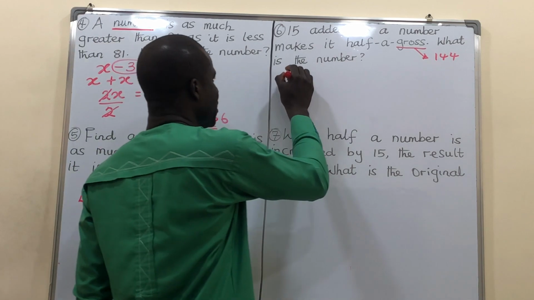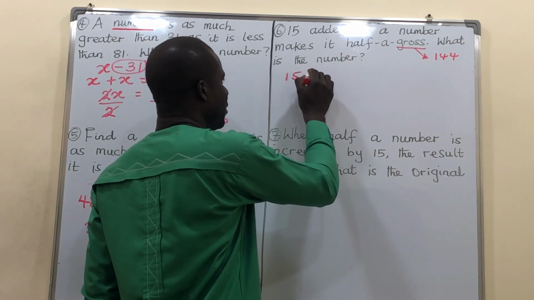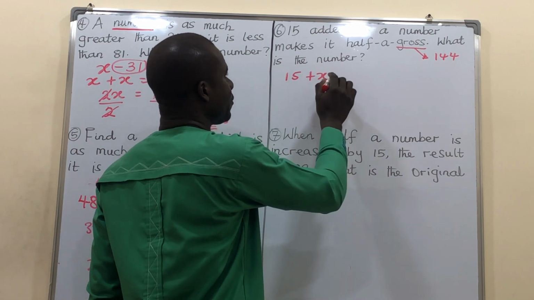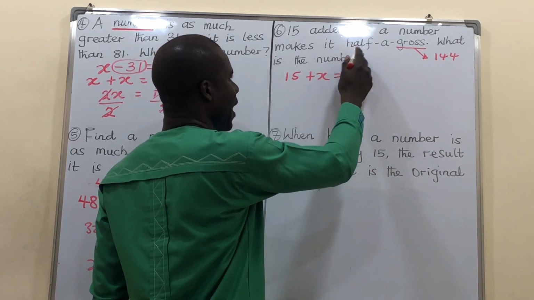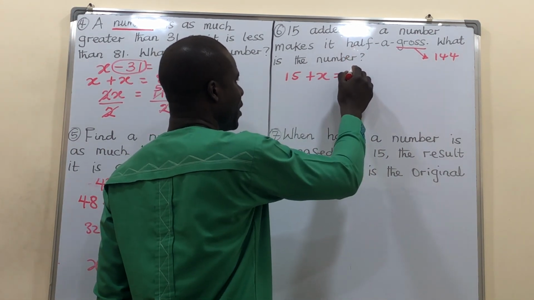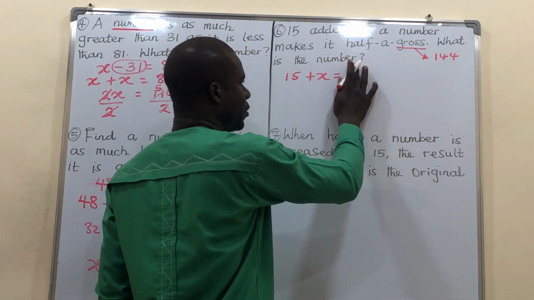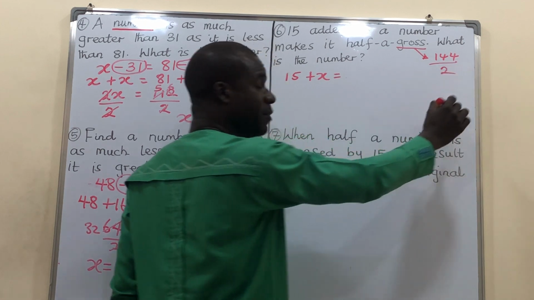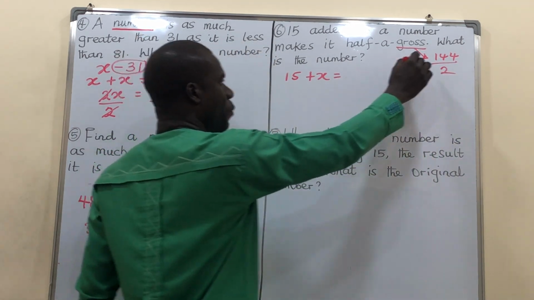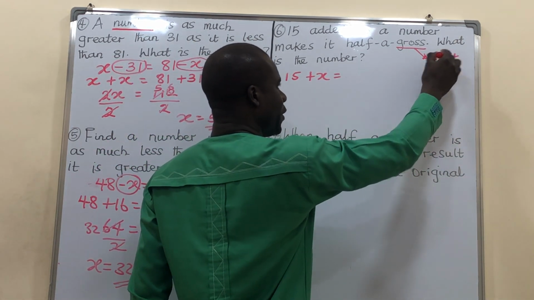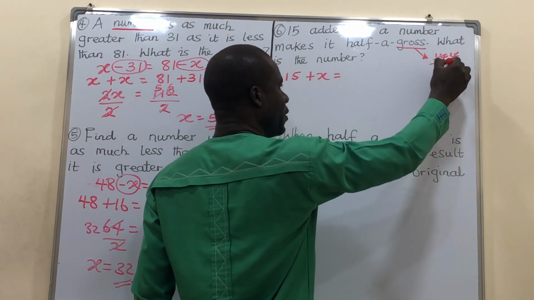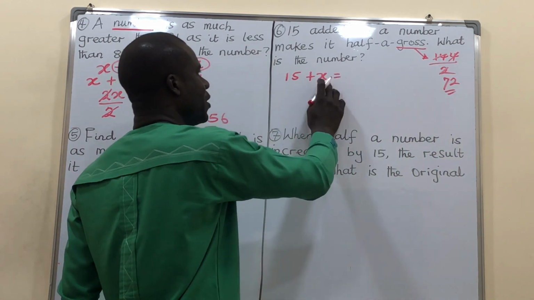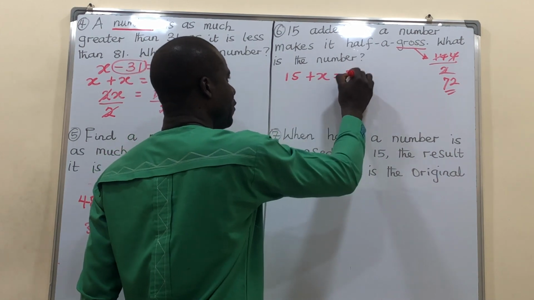So 15 added to x equals half a gross. Since gross is 144, half of this simply means divide by 2. 144 divided by 2 is 72. 14 divided by 2 is 7. 4 divided by 2 is 2, so 72. So 15 added to the number equals half a gross, which is 72.